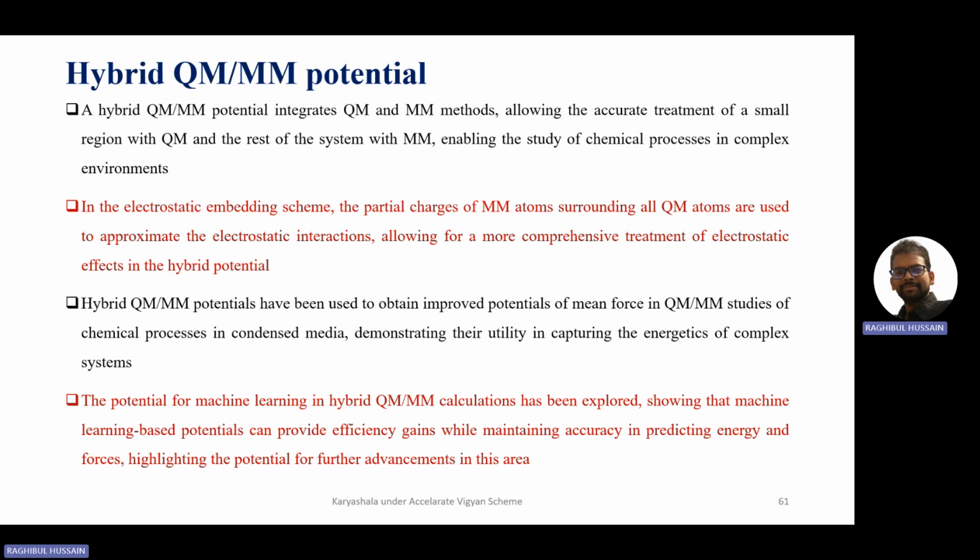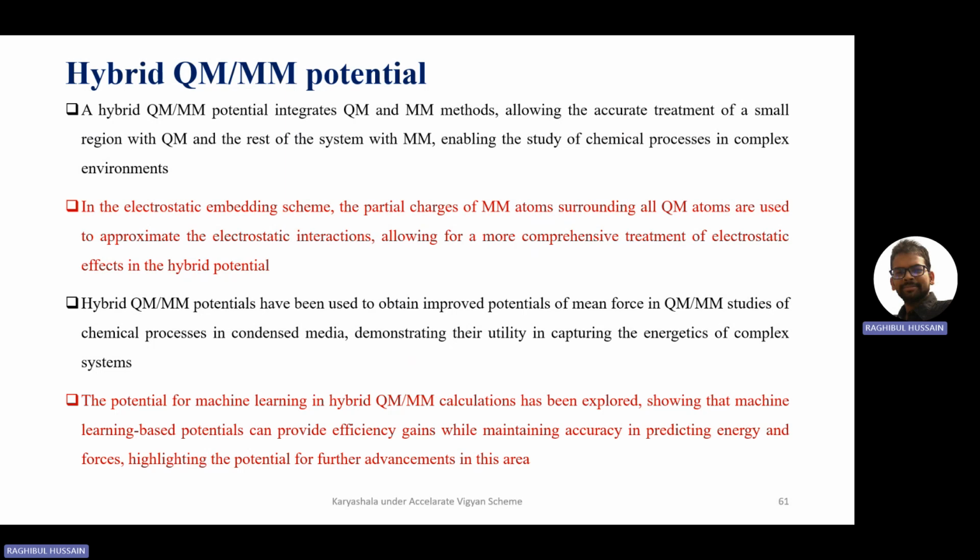There is something called the hybrid quantum mechanical or molecular mechanics potential. A hybrid QM/MM potential integrates quantum mechanics as well as molecular mechanics methods, allowing accurate treatment of a small region with quantum mechanics and the rest of the system with MM, enabling the study of chemical processes in a complex environment. In the electrostatic embedding scheme, the partial charges of MM atoms surrounding the QM atoms are included in the electrostatic interaction.